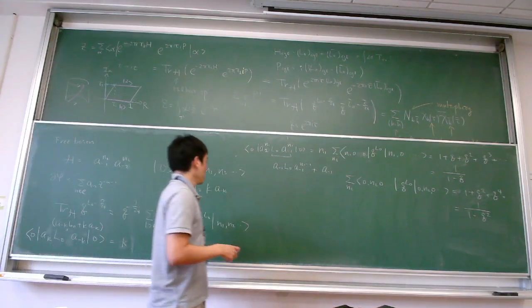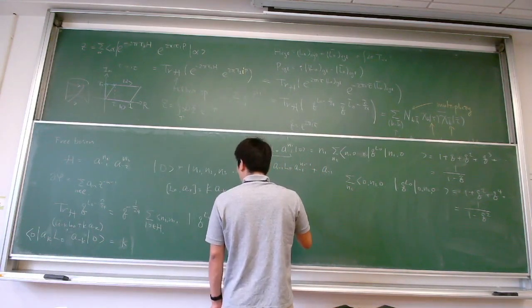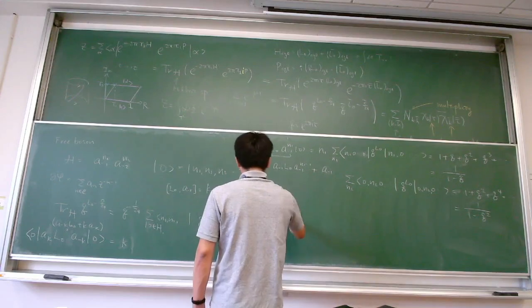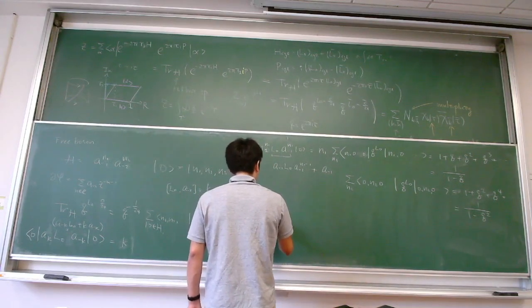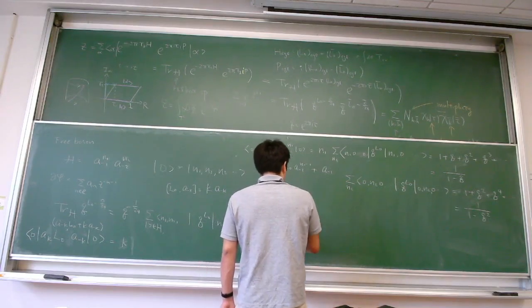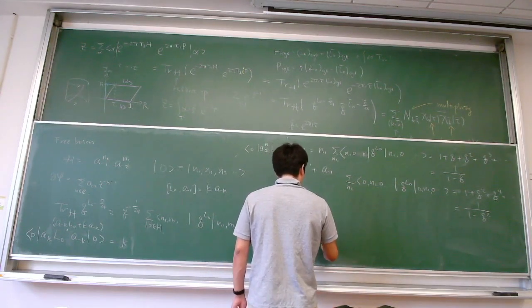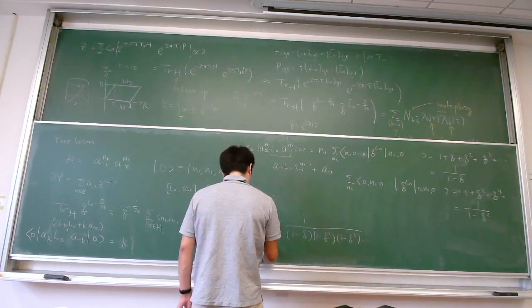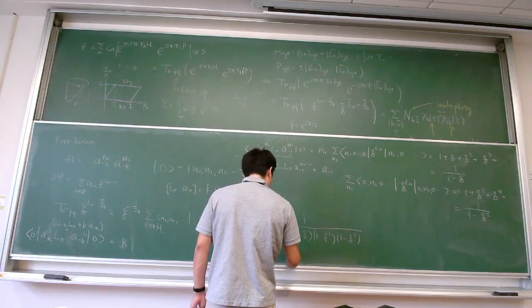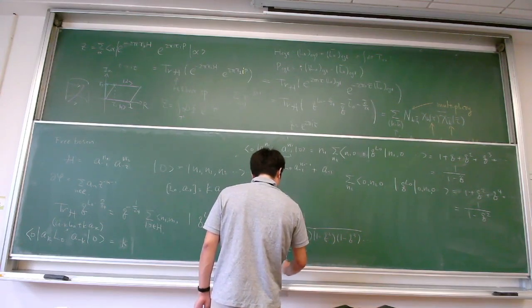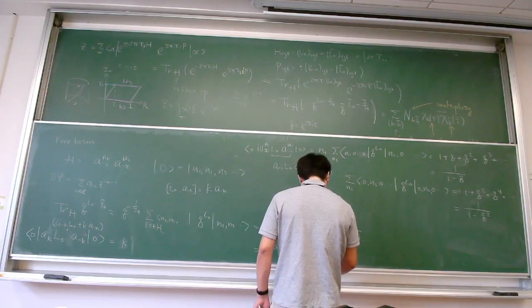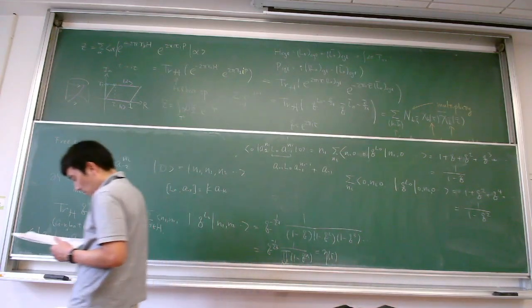So therefore, if you take the whole Hilbert space trace of q to the L0, this will become q to the minus 1 over 24, times 1 over 1 minus q, 1 minus q squared, 1 minus q cubed, and so on. And this is equal to, we already know what it is, the Dedekind eta function.